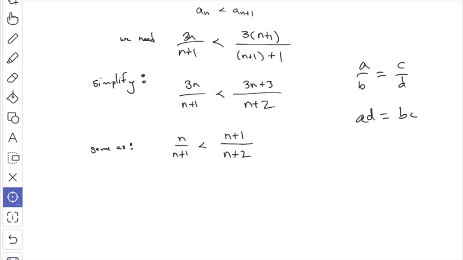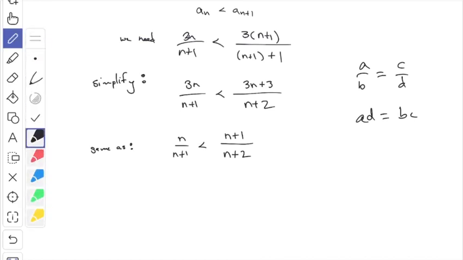So it's going to work out just fine to do the old cross multiply thing. It will look like this. We don't have to change the direction of the inequality because n and also n plus 2 are positive. Now, if it had said something like 1 minus n, that would be negative, and then you would have to change the direction. But it didn't say that, so we're fine.